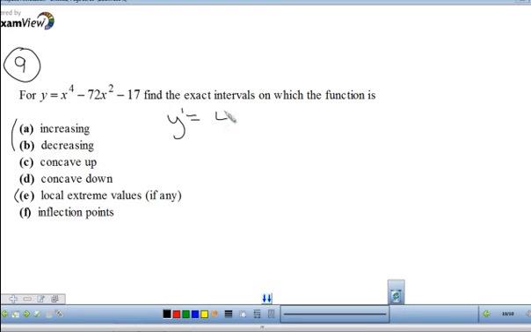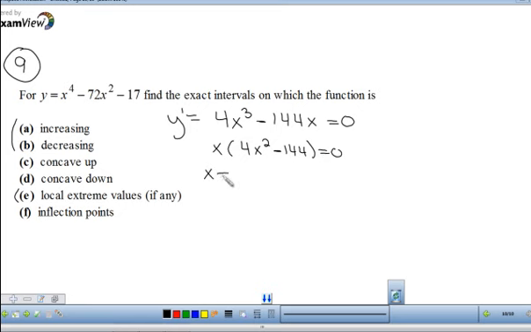So it's going to have 4x to the third minus 144x. So we're going to set that equal to 0. There's going to be no place where the derivative would not exist. So we're going to factor out an x. So we get x times 4x squared minus 144.